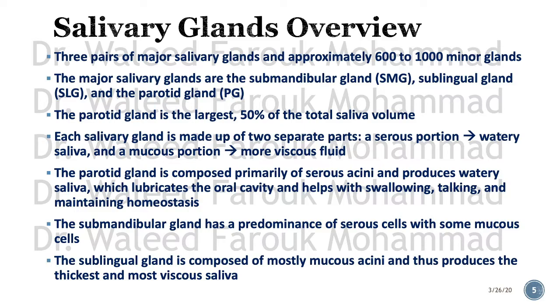Now, salivary glands are classified according to their secretory units. I mean, some glands secrete more serous fluid than mucus, and some glands produce more mucus than serous, and some glands have both almost equal. The parotid gland has more serous component, and the serous component is responsible for the watery secretion and the rich enzyme contents.